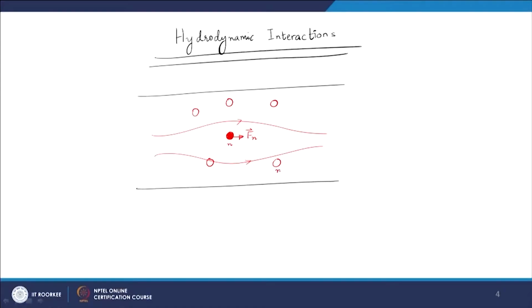Similarly, all the other beads, let us say the bead m here, this bead also is moving due to the external force or whatever force acting on it. That bead is also giving rise to a flow field, and then bead n here, the black one, the filled one, also is affected by the flow field created by m. Okay.